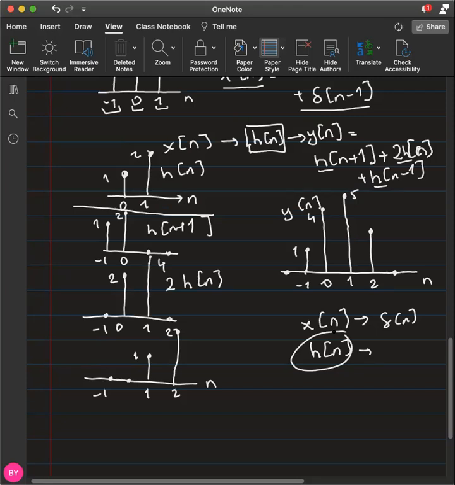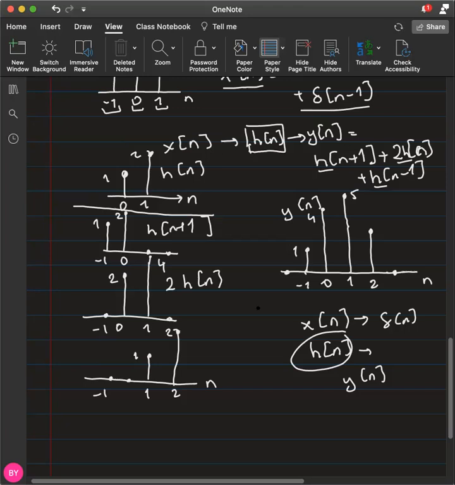Then I will add them up and then obtain my y of n. Okay, so this is a kind of using the linear time invariance property, using h of n, I'm trying to find out the output y of n if I know x of n. Okay, this is one critical thing.